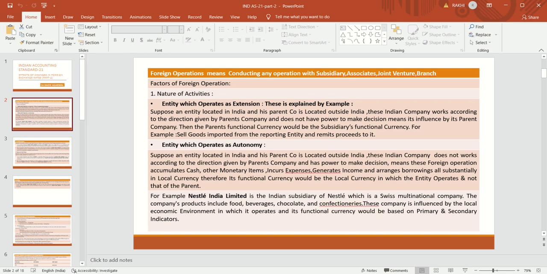What are the factors to be taken into consideration for determining the foreign operations? Factors of foreign operations are nature of the activity. First, we will see the nature of the activity.